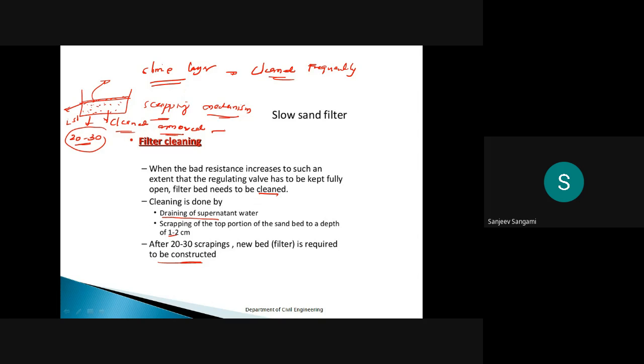Then it has to be processed again, but it should not be discarded, remember. Once the sand is used for construction purposes, it can be reused any time, but it has to be cleaned every time.